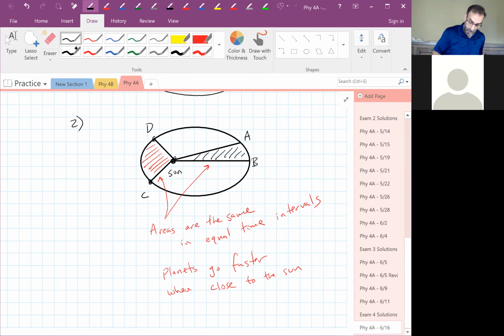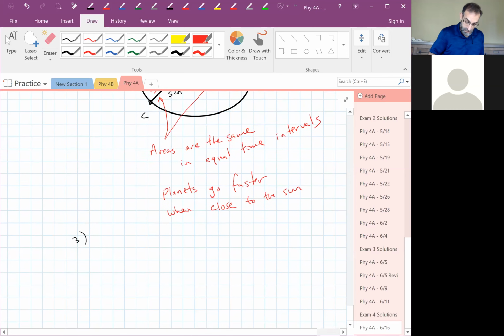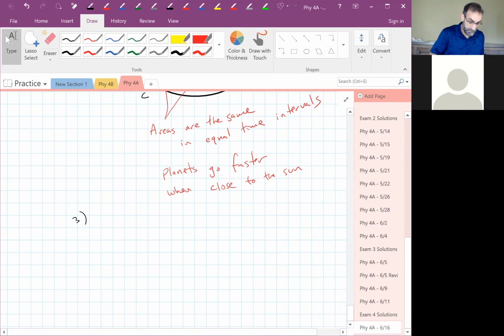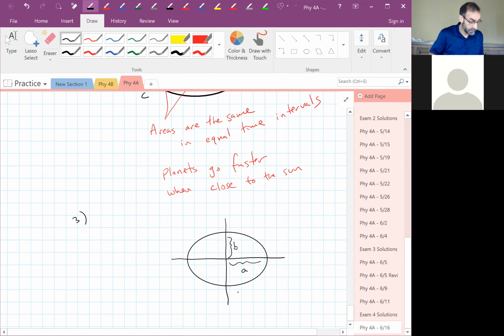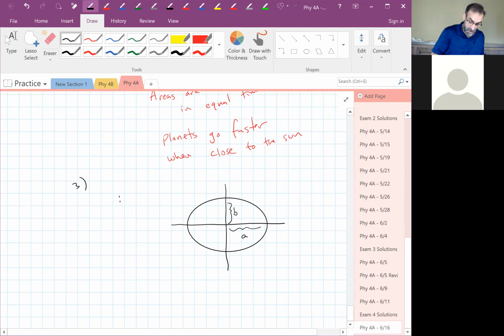And our third law, Kepler's third law, because this is an ellipse, this is B. This is A. He figured out that the square of the period is proportional to the cube of the semi-major axis.